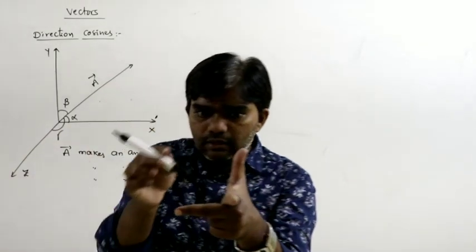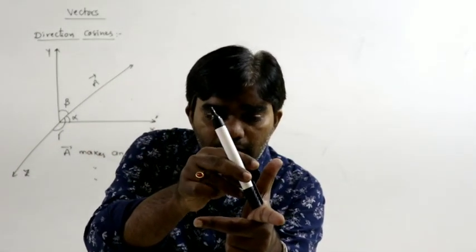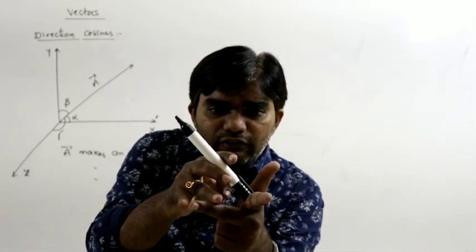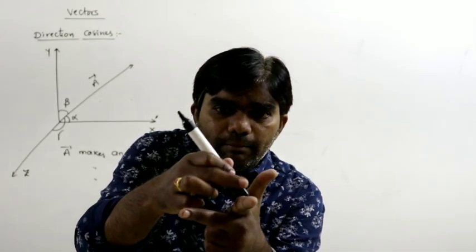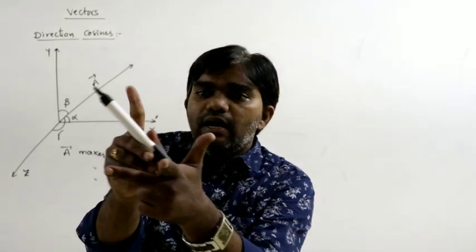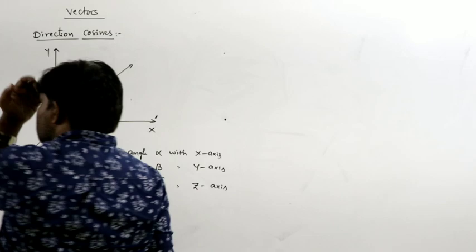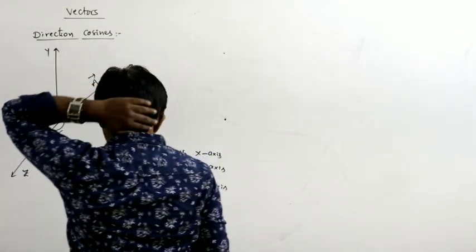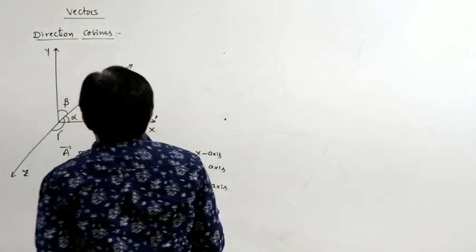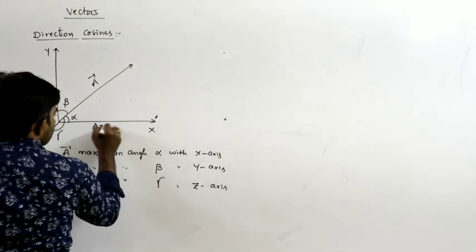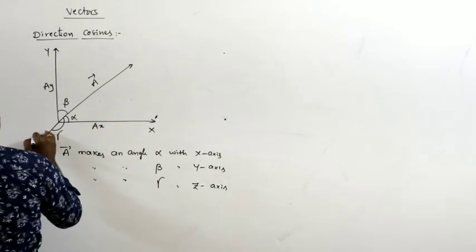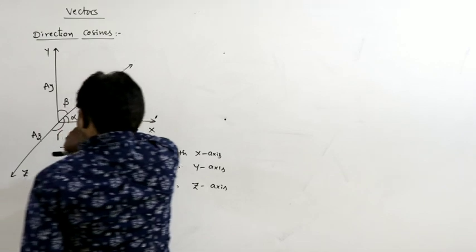So, this A bar makes angle alpha with the x axis, angle beta with the y axis, and angle gamma with the z axis. From this, the x component is let us say Ax, y component is Ay, z component is Az.